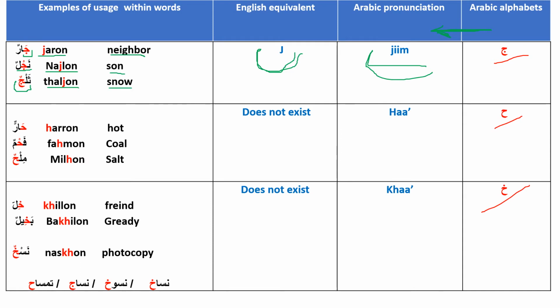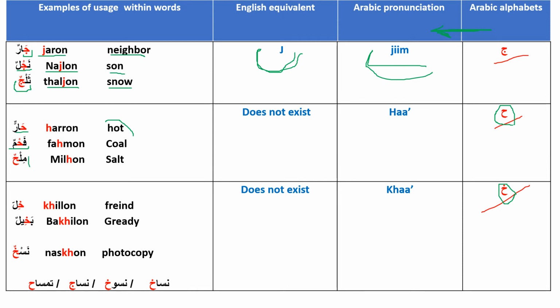Great. What is good in this is that what we said about the letter Jim applies to the letter Ha and the letter Kha. If it comes in the beginning like Harun, which means hot, it must be attached. If it comes in the middle like Fahmun, which means coal, it must be attached.